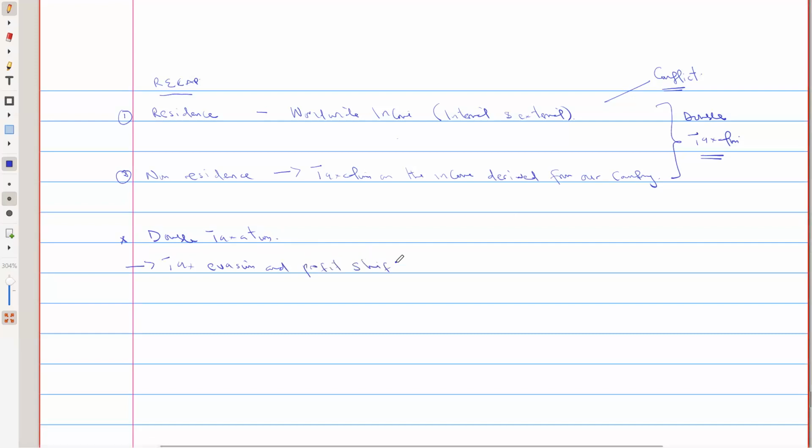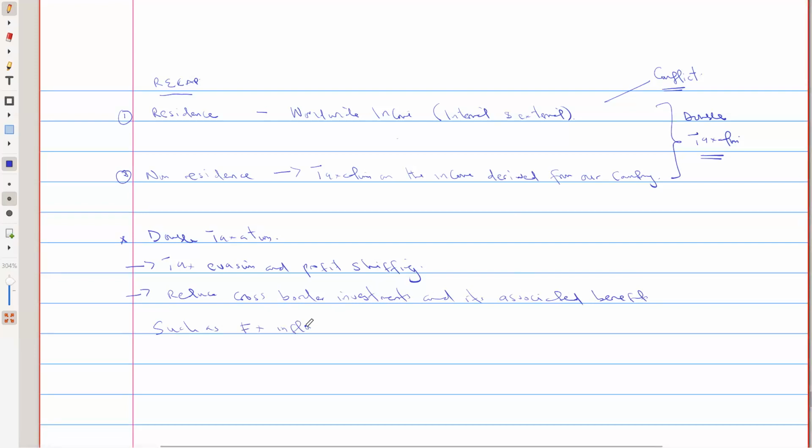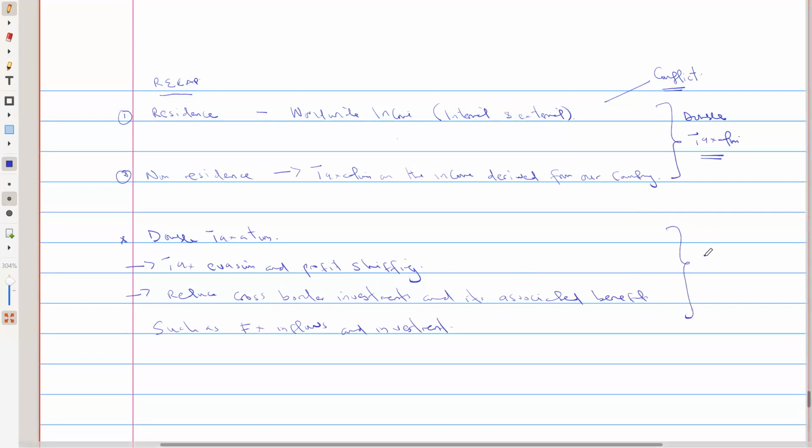It also begins to reduce cross-border investment and its associated benefits, such as FX inflows and investment. So it begins to breed these challenges.